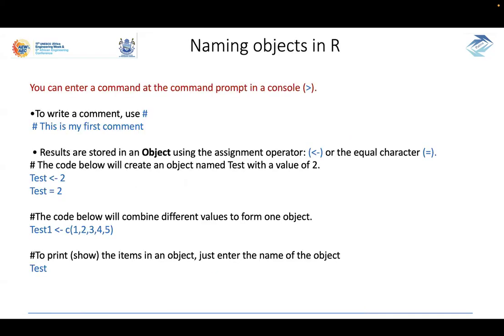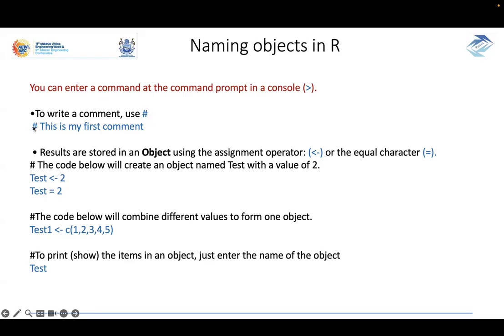Okay, but before we go and start exploring RStudio, I need to introduce you to something called objects in R. So when you're in the console, you'll always see this greater than sign. This greater than sign tells you that your R is ready to be used. And then when you're writing your script, you can use this hash here.